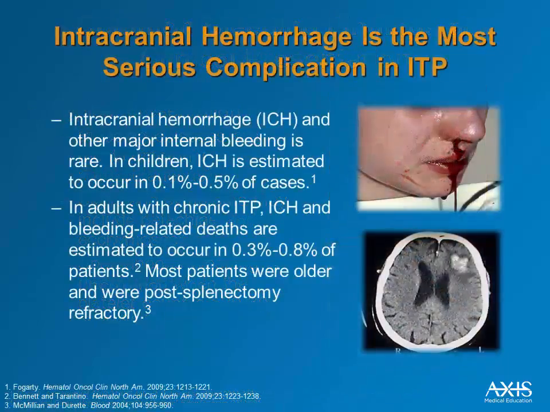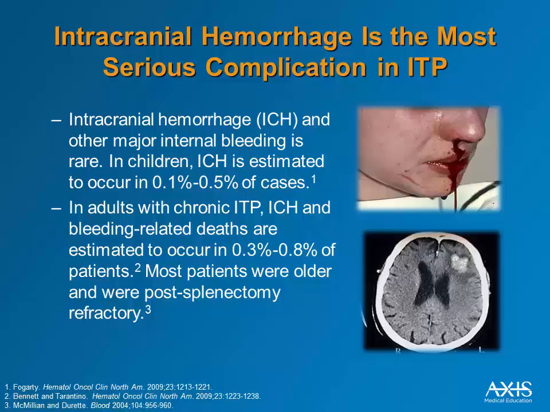The most serious complication is intracranial hemorrhage. It's been reported to occur in approximately 0.1 to 0.5% of cases in the pediatric population, and often this follows an episode of head trauma. While in adults, the incidence tends to be higher, in particular this occurs most often in older patients who are frequently refractory and even post-splenectomy refractory.